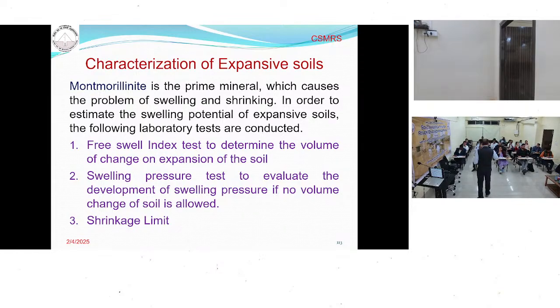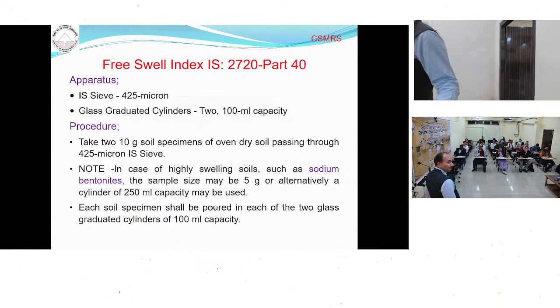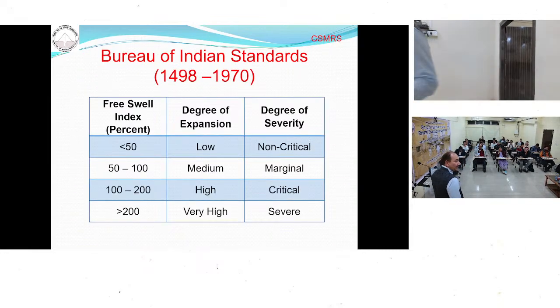We shake it properly and after 24 hours we measure the volume in both cylinders. Depending upon that volume, we can say this is expansive soil, because when the soil comes in contact with water, it will swell, while in the cylinder with kerosene it will not swell. The difference between the two gives how much swelling is present.